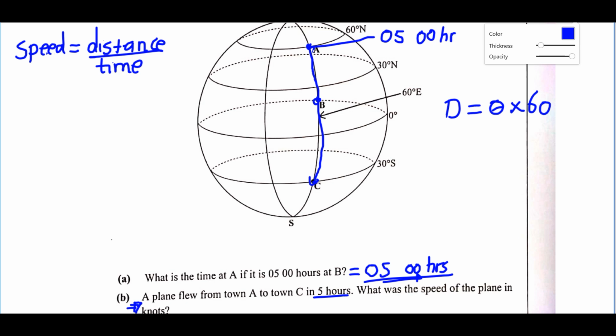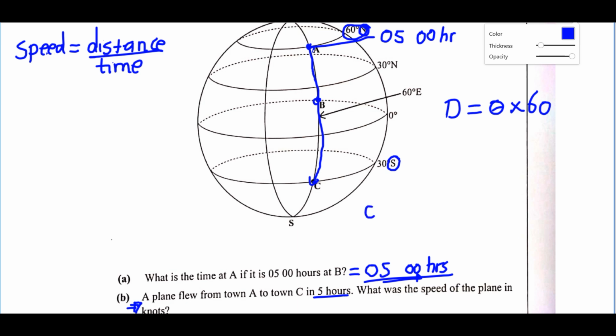So theta, since we are dealing with town A, so town A is on latitude 60 degrees north. Then town C is on latitude 30 degrees south. So since the first latitude is located in the northern part and the second one in the southern part, we need to add for us to find the difference.